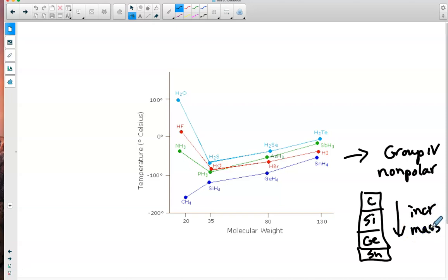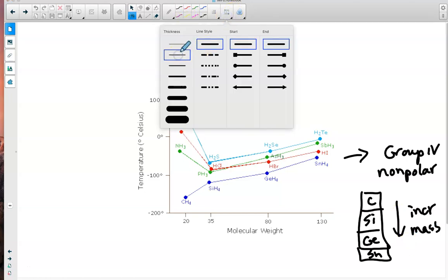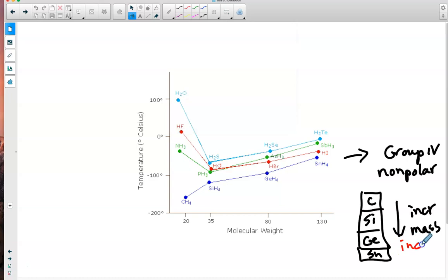I've got carbon, silicon, germanium, and tin. So as I go down that column, that's increasing mass. And we can see that the IMFs are going to increase in that direction also, because with dispersion forces, the greater the mass, the greater the dispersion forces. And that's shown by going in this direction, we have a larger boiling point. In fact, that's the trend that we see for all of these as they're bonded to hydrogen.